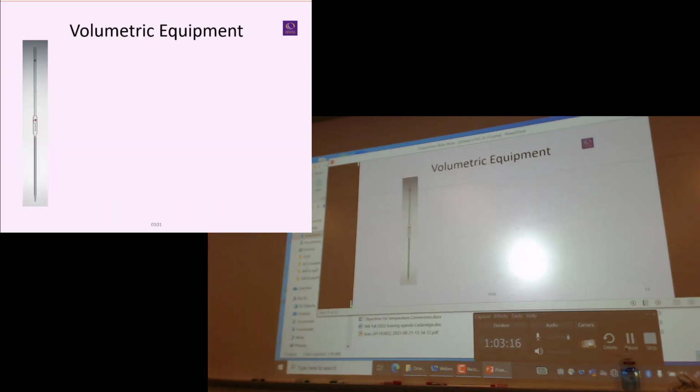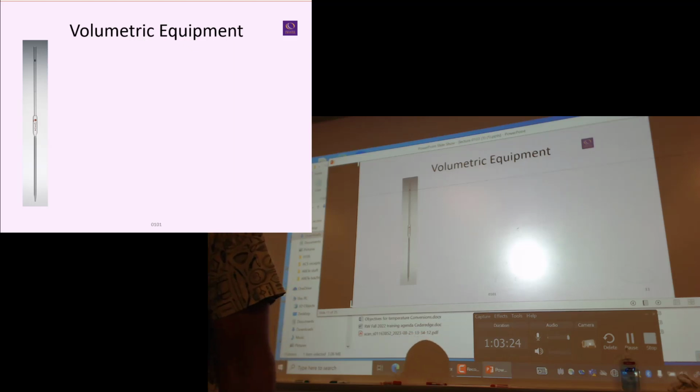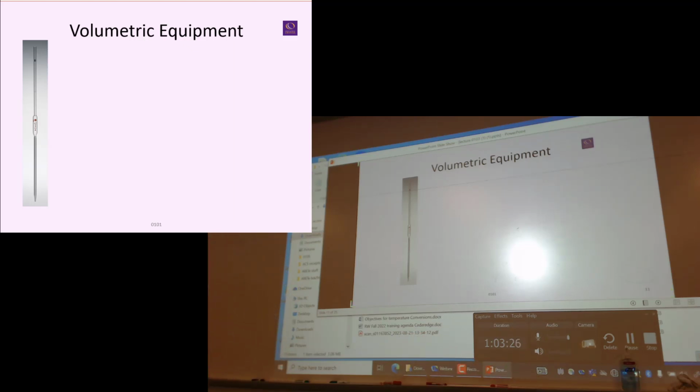All right. Here's this one, volumetric. We got a couple of those. There's one. See it? So you can take that, pass it around, look at it. Show me the mark. Slightly different because it's not analog, it doesn't have every line in between, right? So that only has one line on it. Here's another one. Do you guys see a little line? Look at this. It's a single line. You literally fill this up to a single line and you get 100 mils.